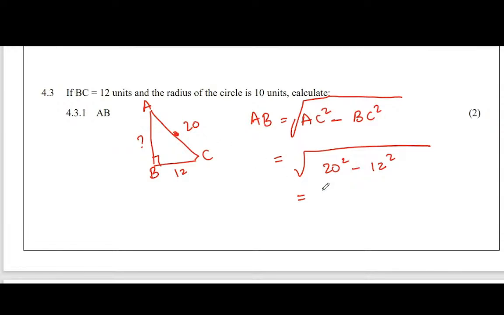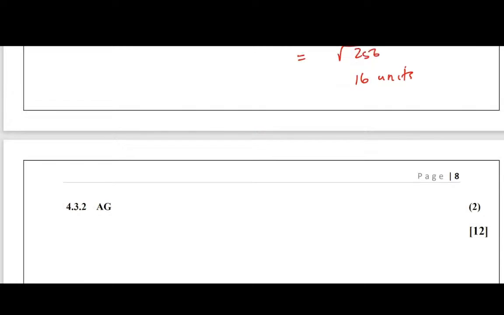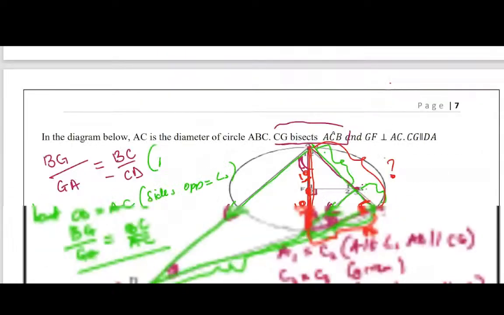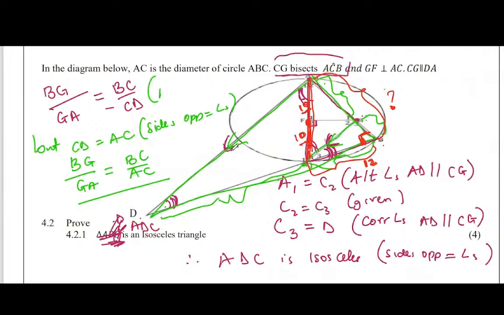The square root of 256 is 16 units. So the distance of AB is 16 units. And then part 2, they want us to get the length of AG. Where is AG? From here up to here. So if this is 16, we need to find this shorter one.